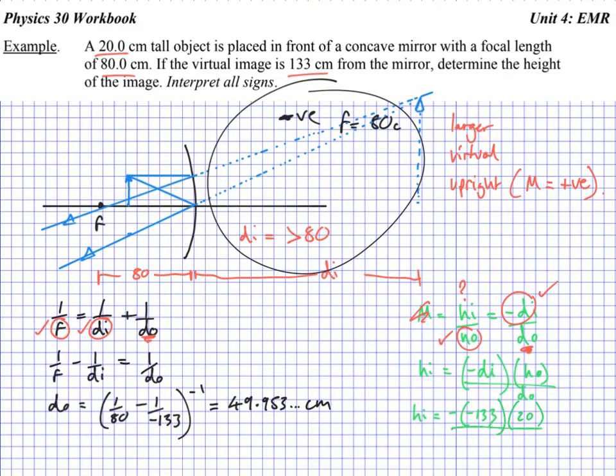And that is all over the distance of the object from the lens, which is 49.953. Okay, what do we get?